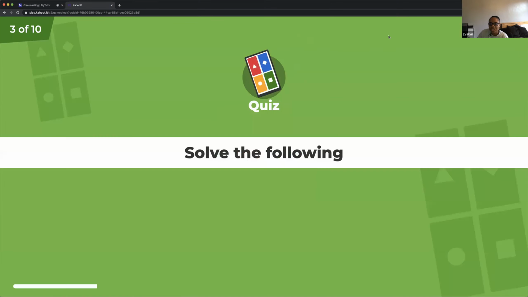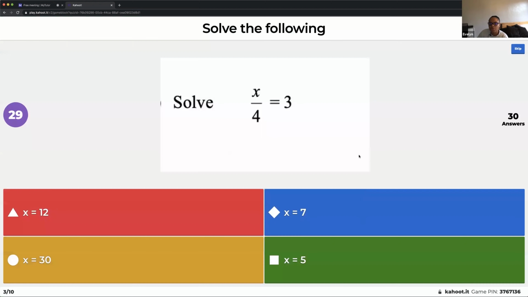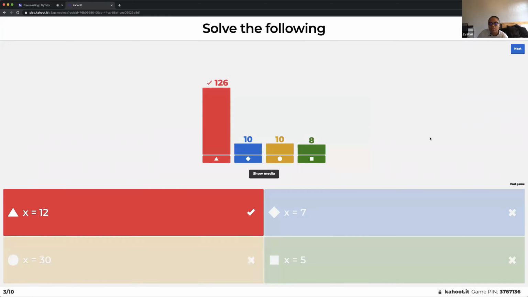Let's continue. So solve the following. Brilliant.